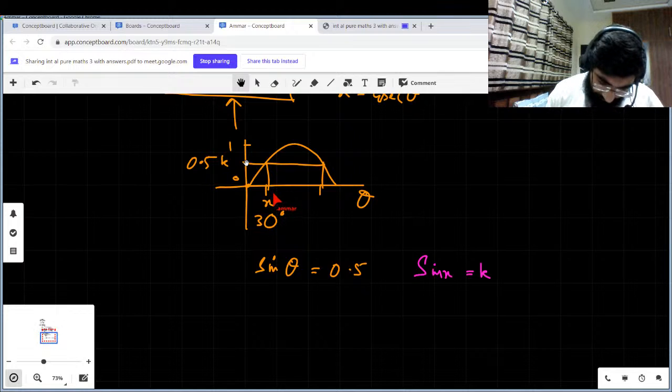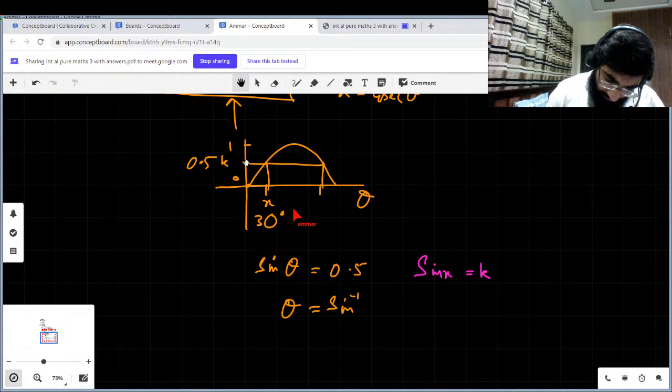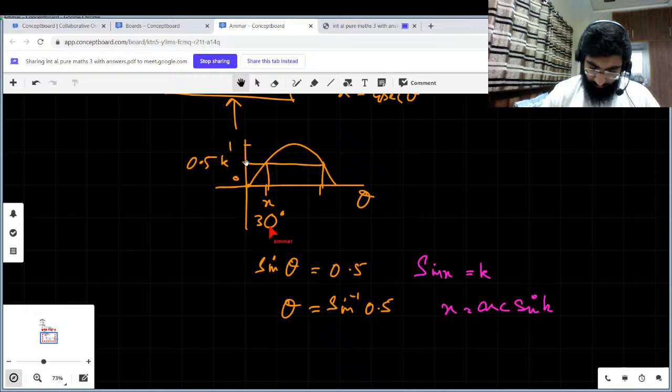Now to find the value of theta, what do I have to do? Theta is equal to sine inverse 0.5, or in terms of x and k I can say x is equal to arc sine k, to find the angle x. I'm doing this in terms of x and y and in terms of theta.